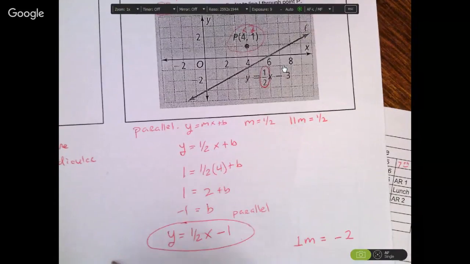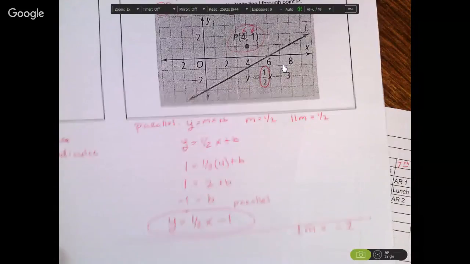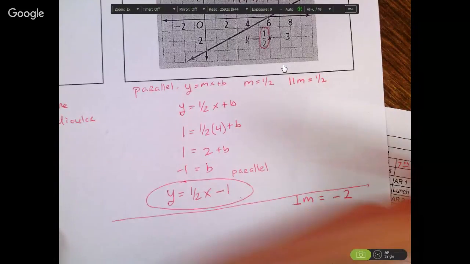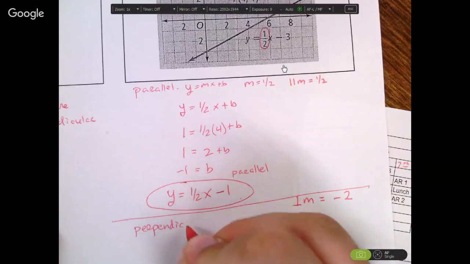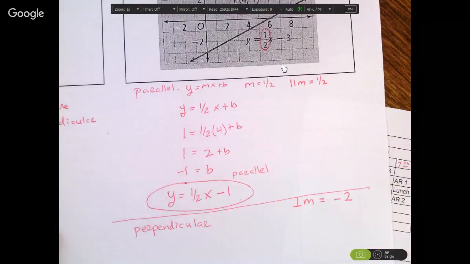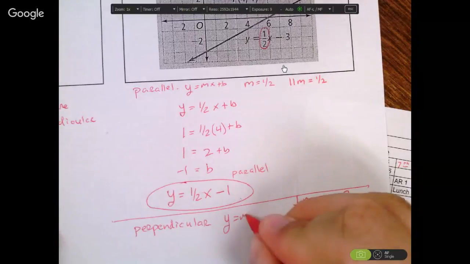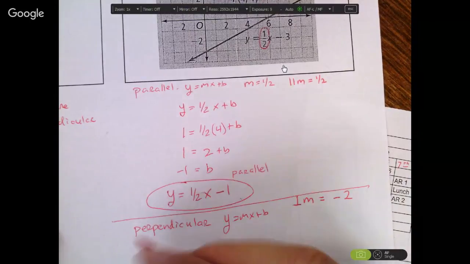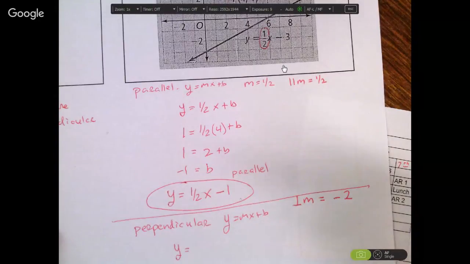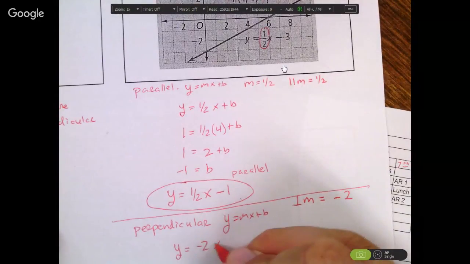Now the next one, we basically do the same thing. This time it's perpendicular. We're trying to find y equals mx plus b. We know our m, so y equals -2x plus b.